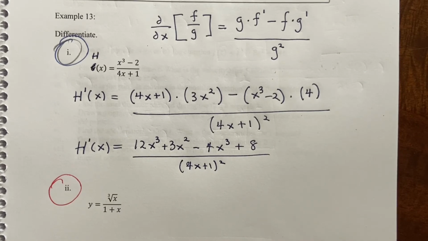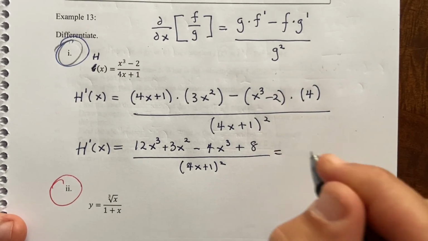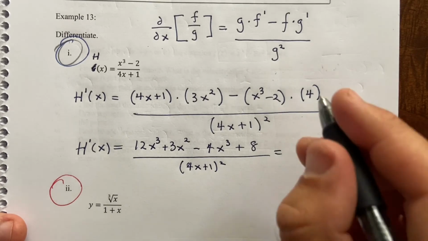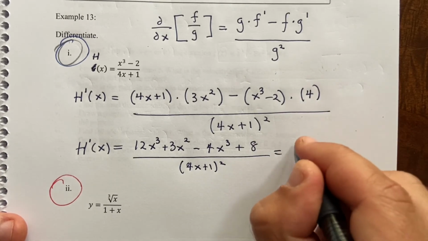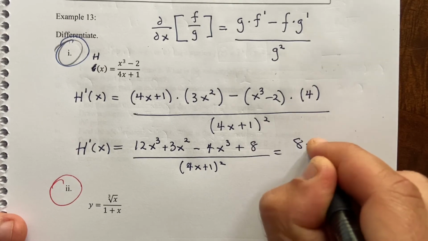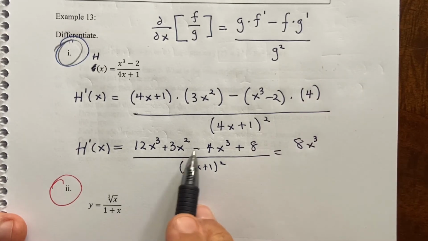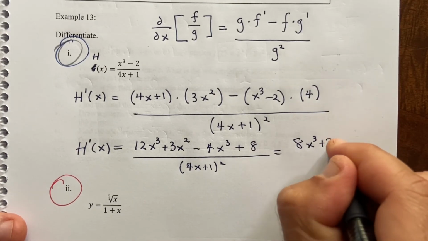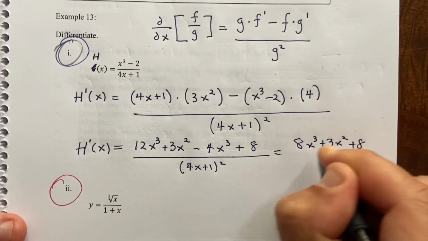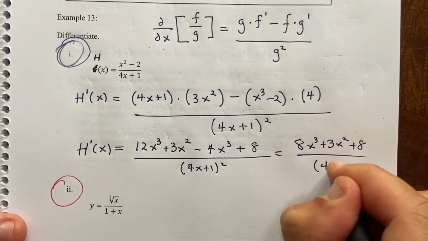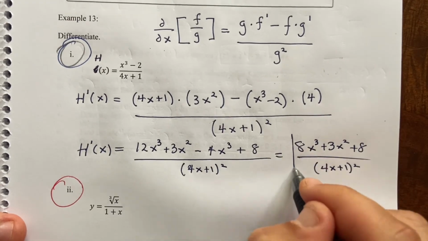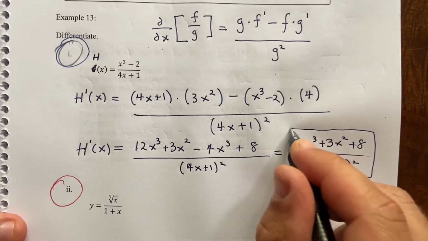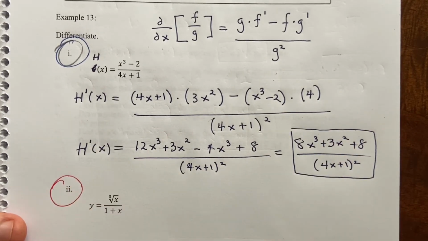Maybe combine like terms, and that looks like it actually. Nothing really that magical happens here. We have 8x cubed, it looks like, plus 3x squared plus 8 over 4x plus 1 squared. That is the derivative of what we had originally.